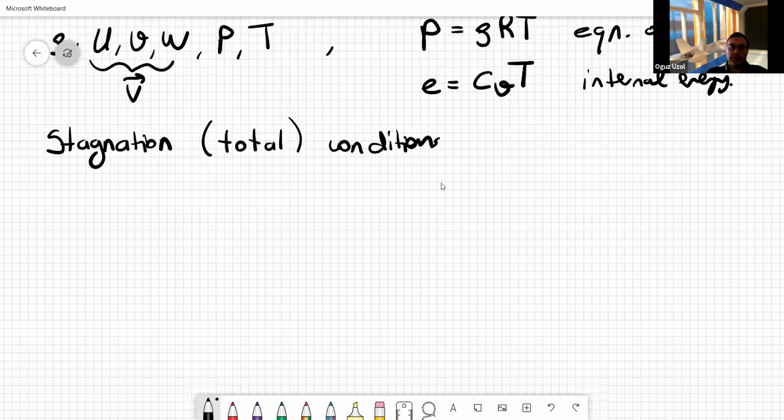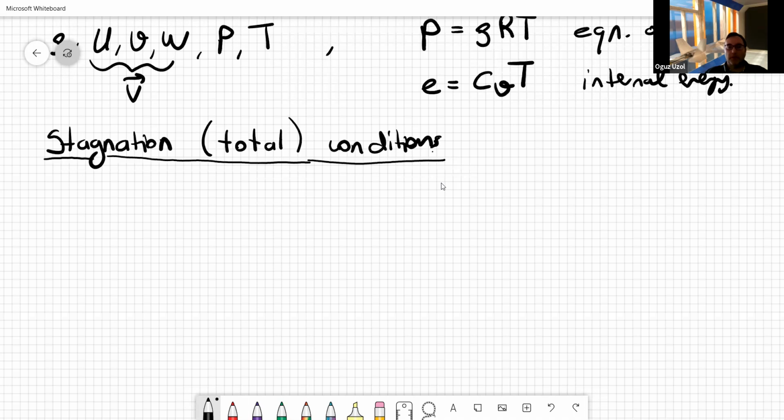We will spend some time on understanding what these are. When I say conditions, I'm referring to the state of the gas. The state of a gas, as we know by now from previous hours that we spent since last week, is determined by its pressure, temperature, velocity components, density.